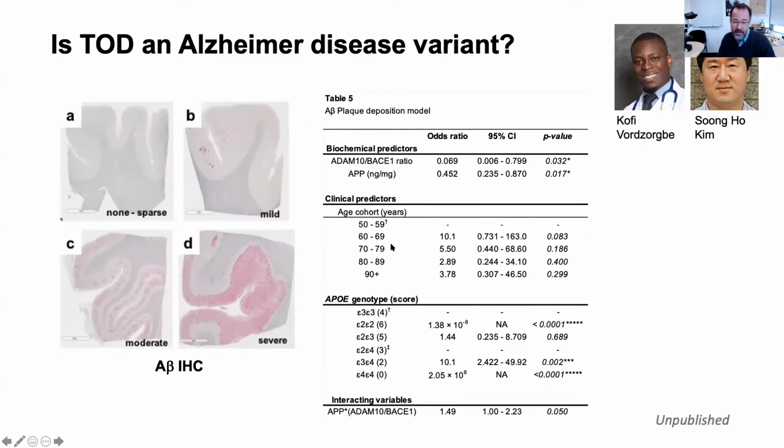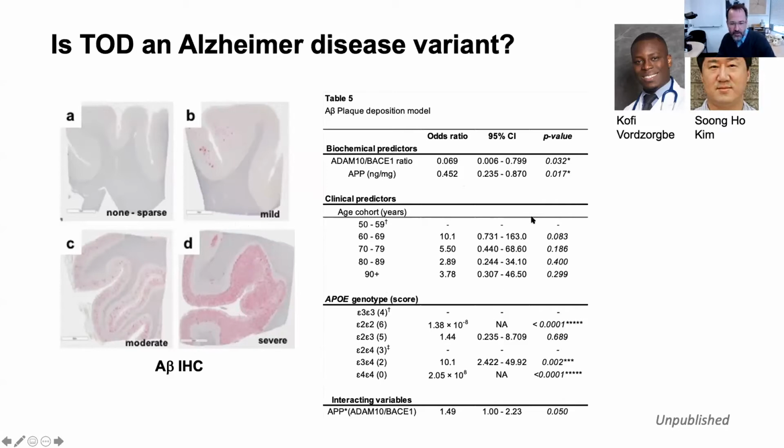And he came in and followed this up by measuring the activities of the alpha and beta secretase, ADAM10 and BACE1, and looking at the ratios. And he built predictive models to try to tease out if the activity of these enzymes is influencing this. So of course, the ApoE allele frequency is strongly correlated and a very strong predictor of amyloid deposition.